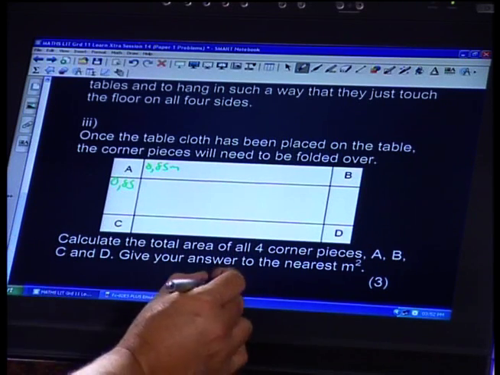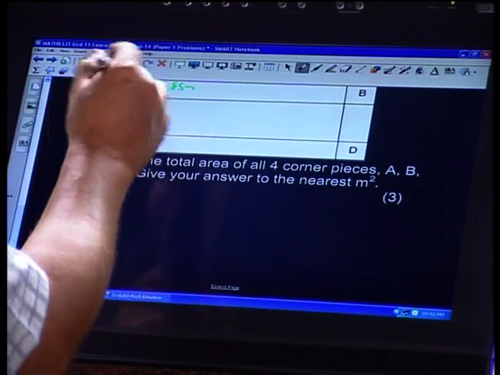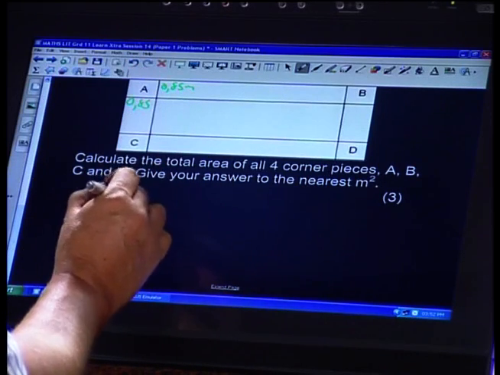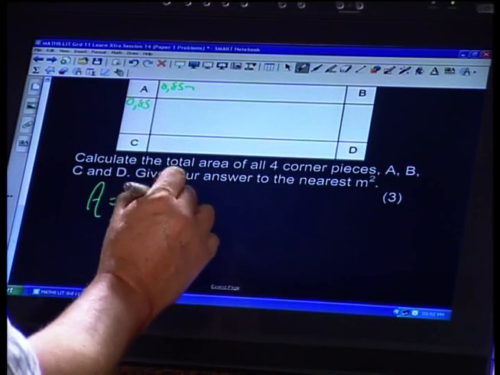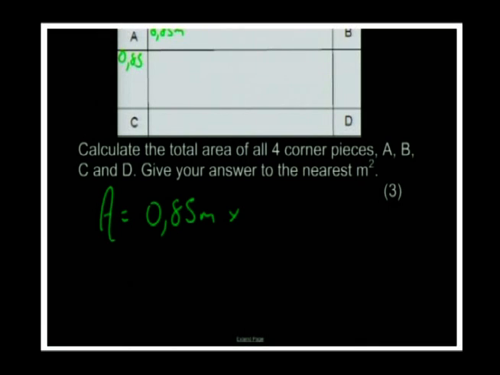Okay, so let's do that. The area of one little square there is 0,85 meters multiplied by 0,85 meters. And then I'm going to multiply that by 4, because I have 4 of those blocks.